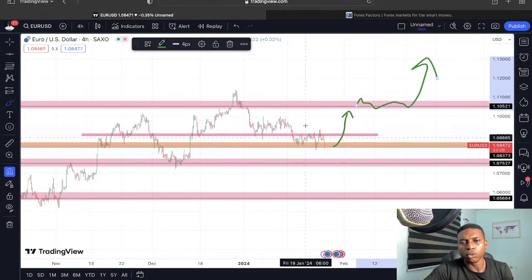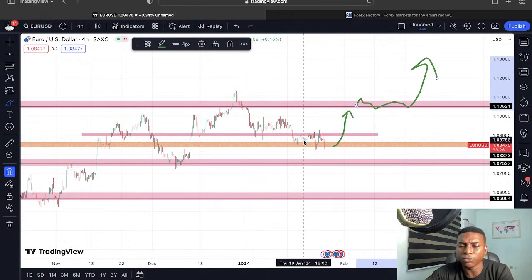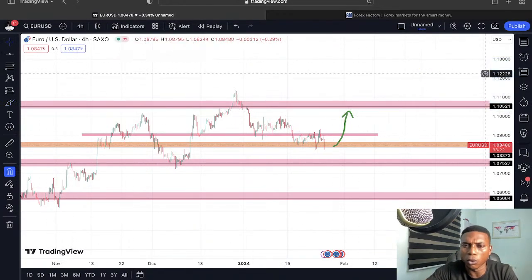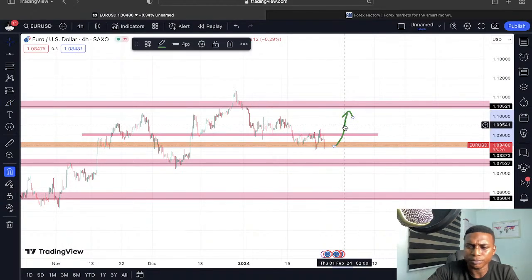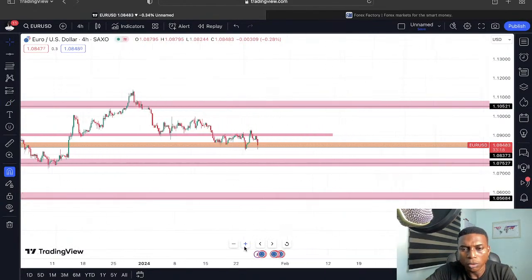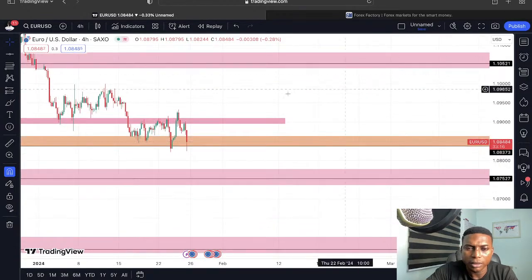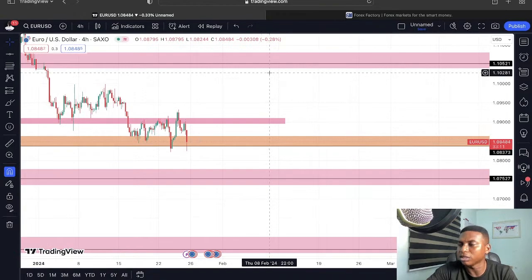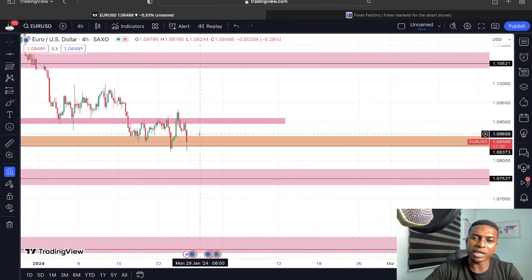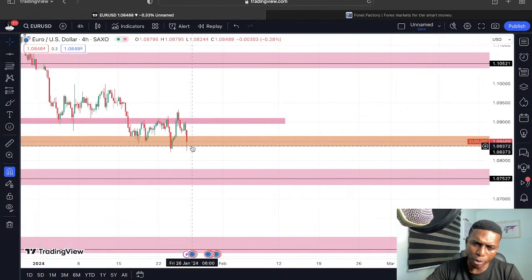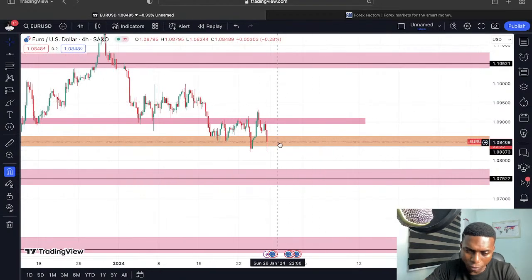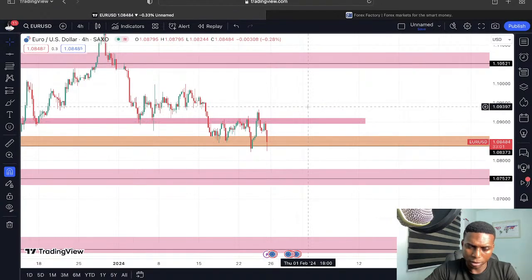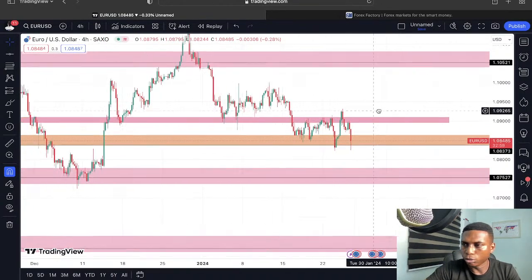So for intraday traders, we might want to look out for price pushing up higher from this level up until this level. For me, I'm bullish. I'm buying at this level, and optimistic that the price would go up.